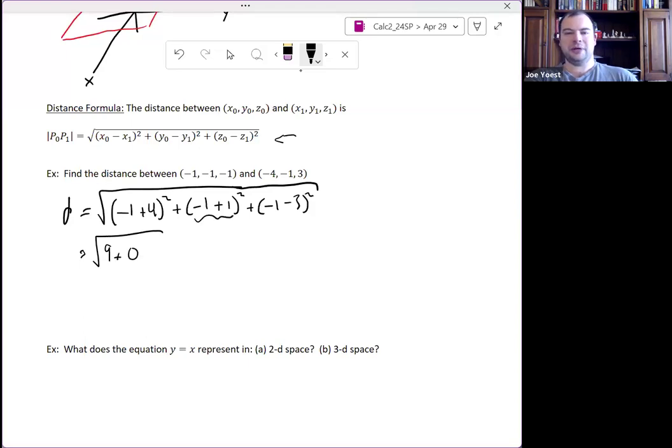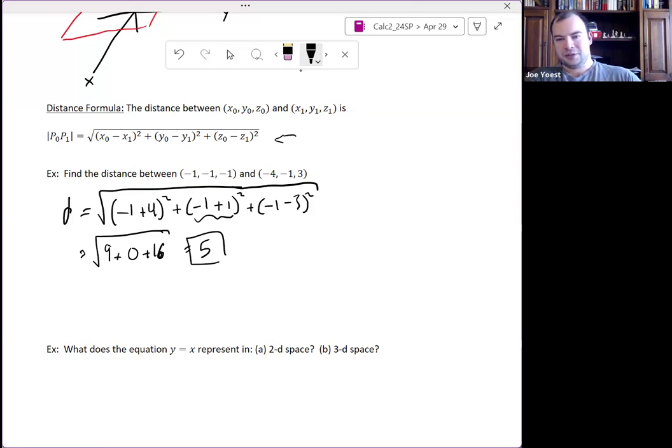This bit gives me 0. My y position didn't change, so I went 0 distance there. And my z position, how did it change? It changed by 4 units, so this is -4 squared is 16. Square root of 25 is 5.